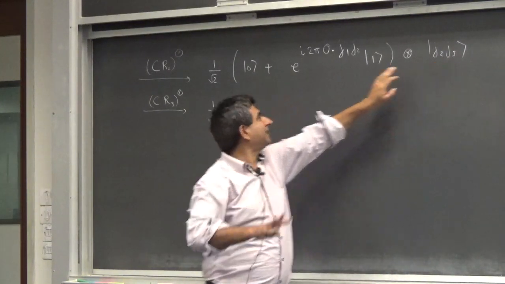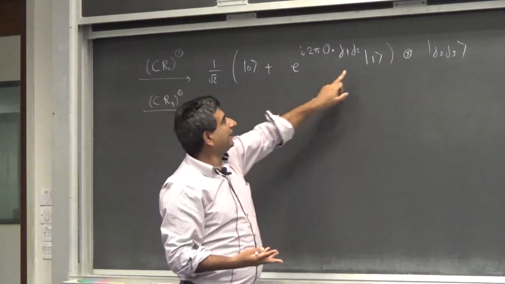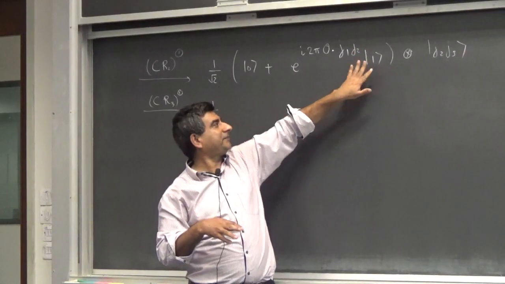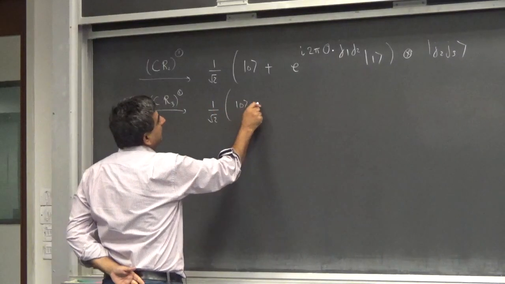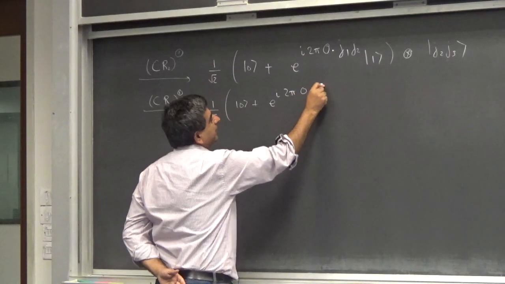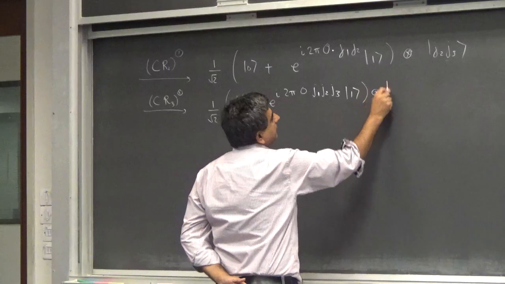Whatever the state of J3 is, nothing is going to happen to this 0, but an additional phase factor is going to be picked up by this relative phase by this 1. So I'm going to be left with 0 plus e^(i2π 0.J1J2J3) 1.